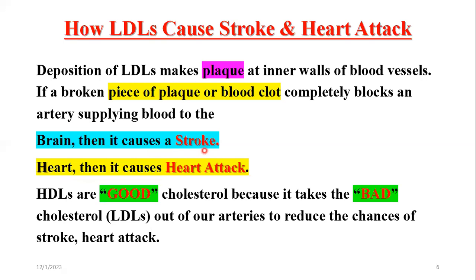So the block of the artery going to the heart causes heart attack, and the blockage of the artery going to the brain would be the cause of the stroke. HDLs are good cholesterol because they take bad cholesterol LDLs out of arteries to reduce the chances of stroke and heart attack.